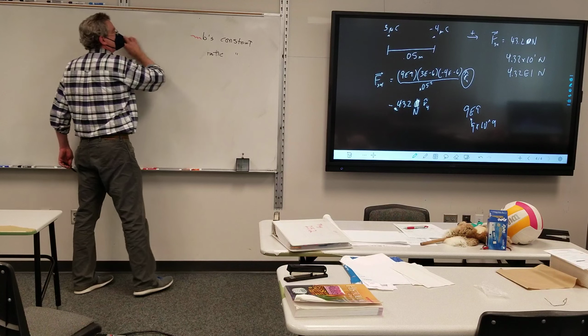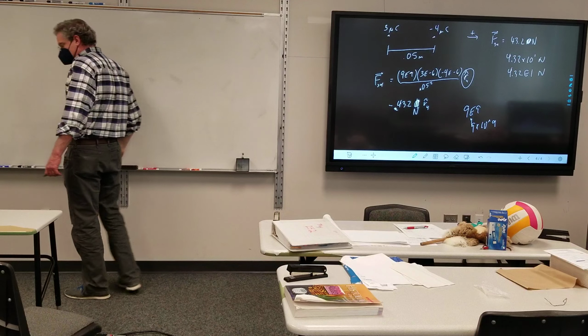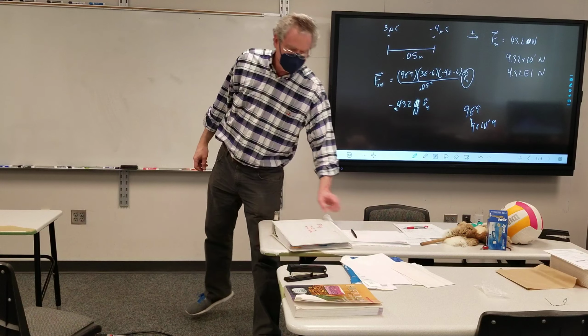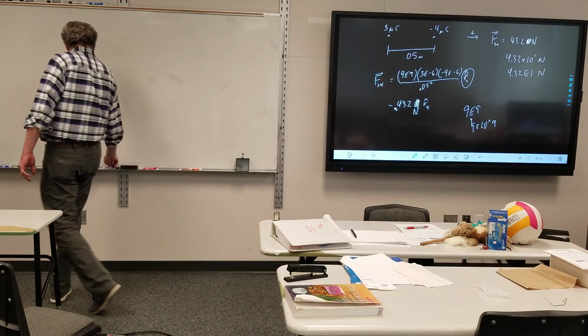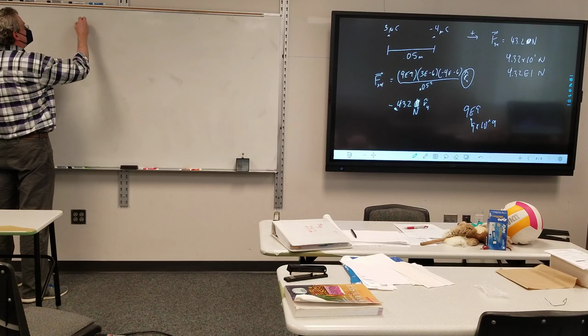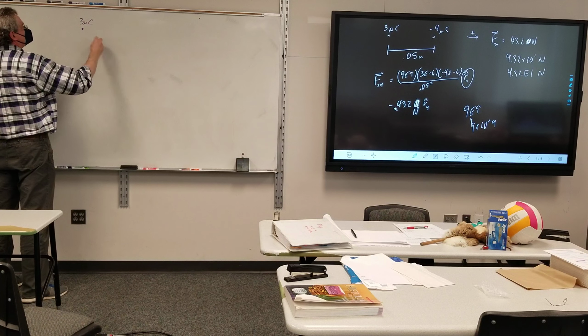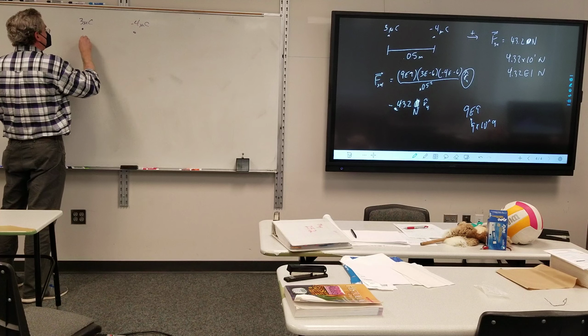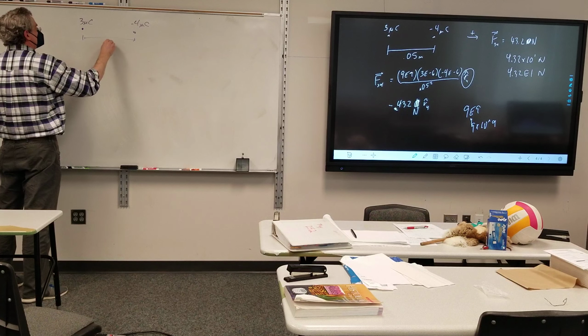All right. Questions before I make it look more difficult? Great. All right, I've got a 3 microcoulomb charge there. I've got a negative 4 microcoulomb charge there, 0.05 meters between them.